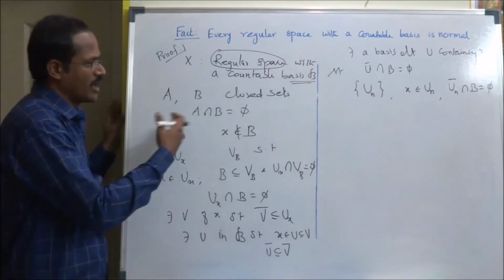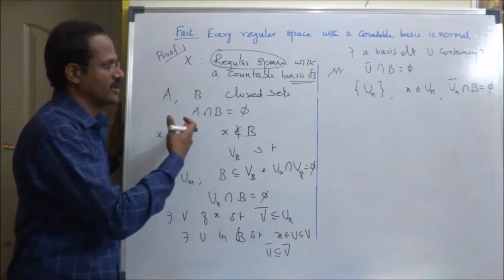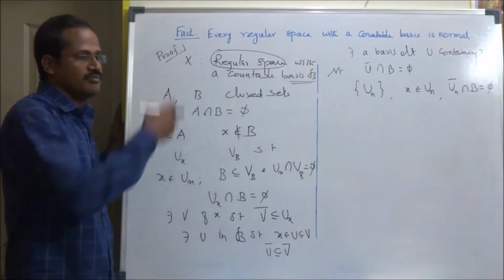As A and B have the same characterization, that is A is closed, B is closed, A and B are disjoint, we can do this process for B also.